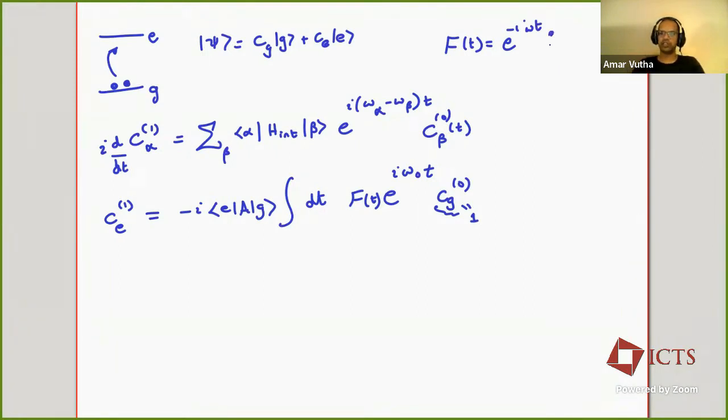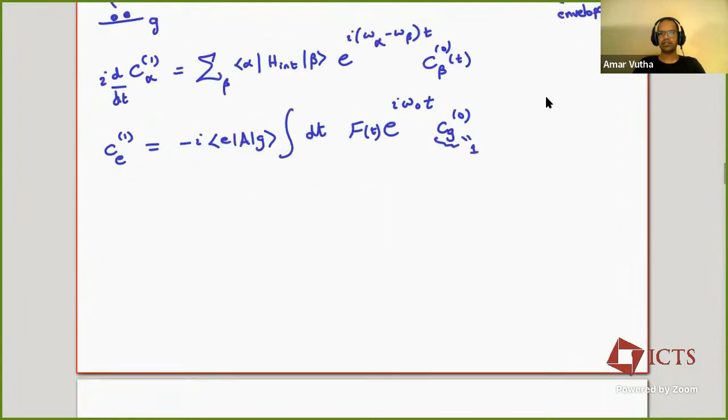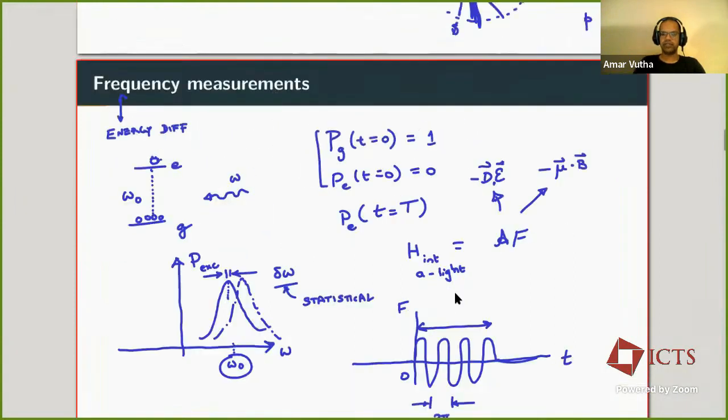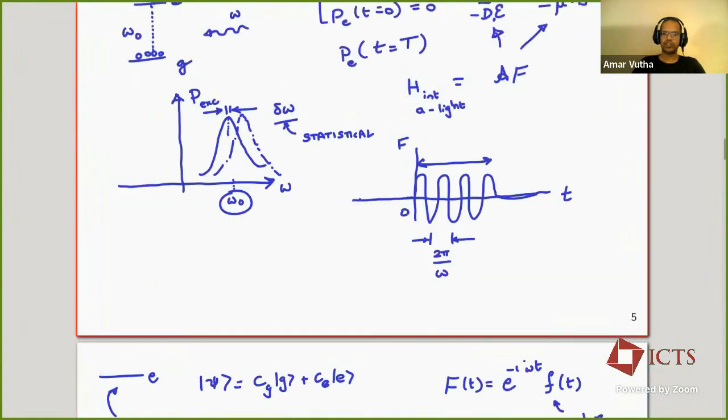So what I'll do is multiply this by some envelope function. This little f of t is going to be the thing that basically determines what is multiplying an infinite sinusoid. So little f of t is whatever this envelope function is. That's the thing that's going to contain information about how long the pulse was, how big the pulse was, all that sort of thing.